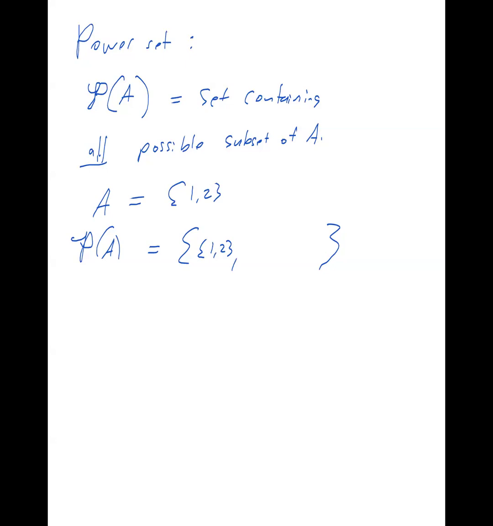But also the set that contains just 1 is part of the power set, since it's a subset of the set that contains 1 and 2. The set that contains just 2 is also a subset of it. And the final set is the set that contains nothing. The empty set is always a subset of every set. So the power set of A is like saying, what choices could you have?